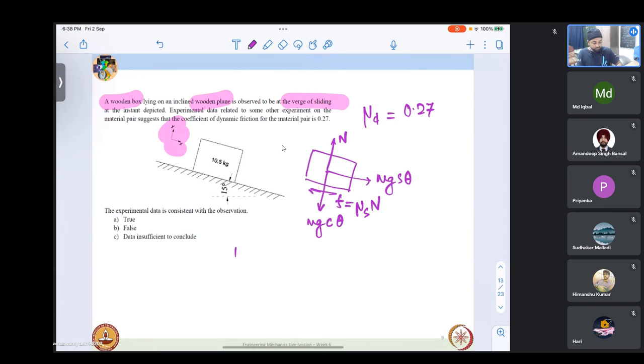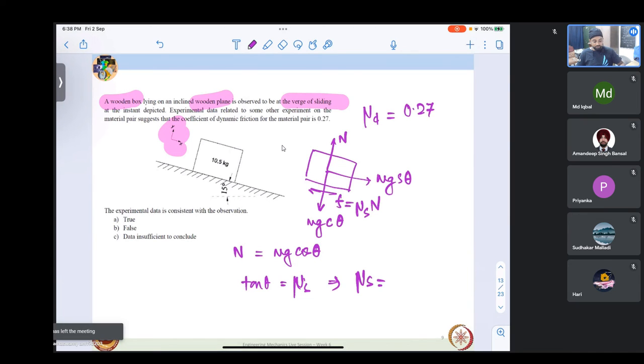So we will be able to see that N is nothing but mg cos theta, and this will give us that tan theta is mu s, and theta we have already got. So mu s comes out to be tan of 15, which is 0.2667.